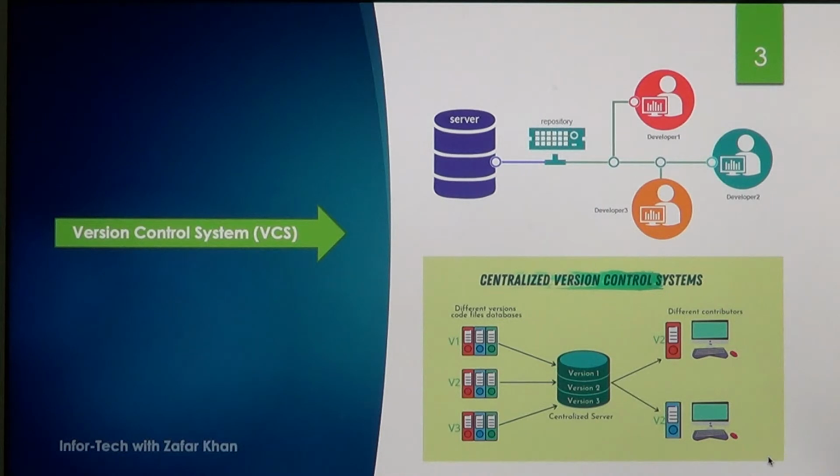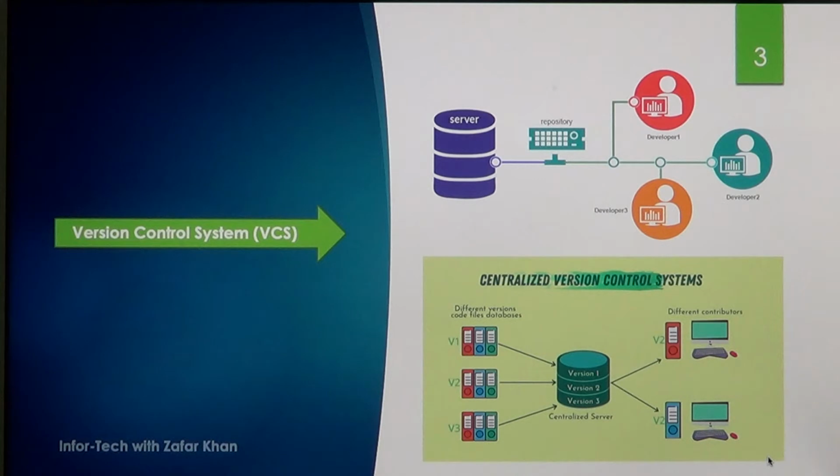Recovery of the project version is also possible, which means that after changing, if the updated code is not working properly, then you can revert back to the original code. It also provides a lot of information like who accessed it and when it was accessed. So these are the benefits of the version control system.